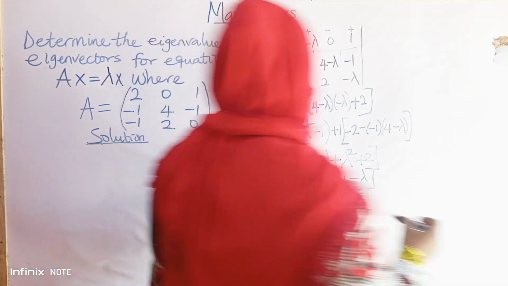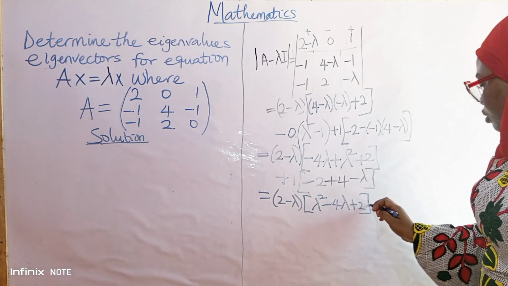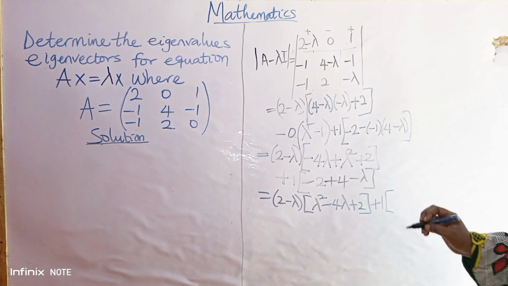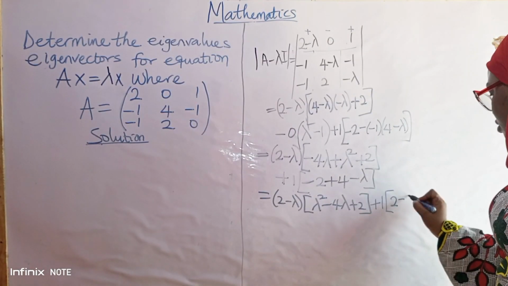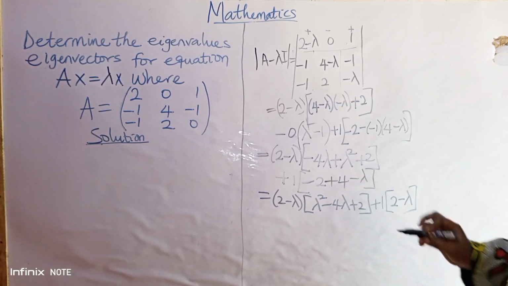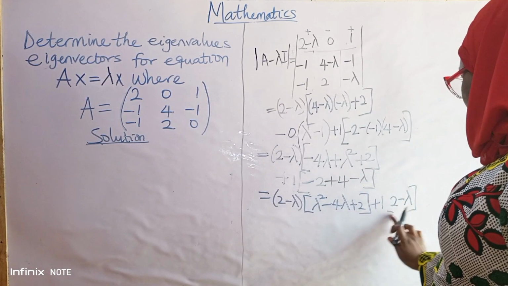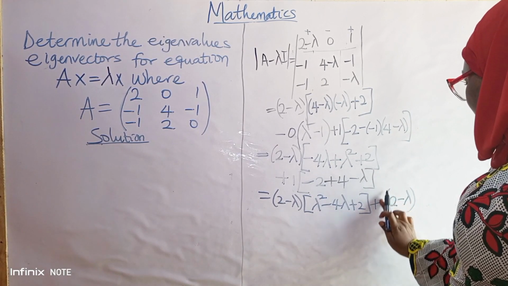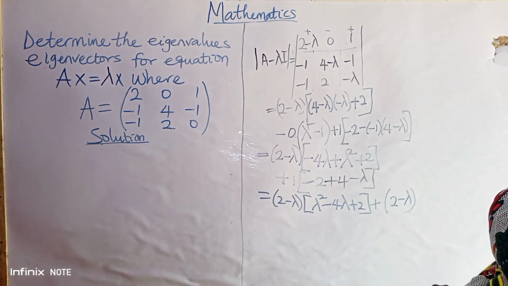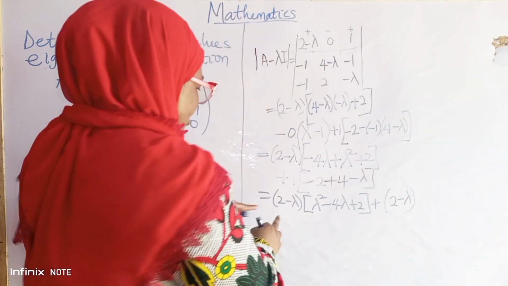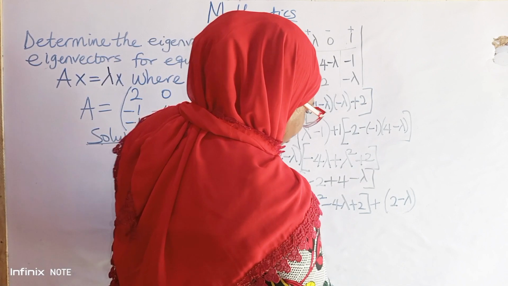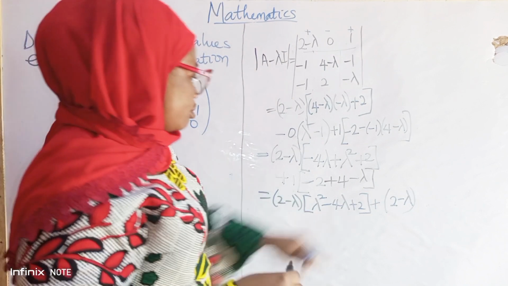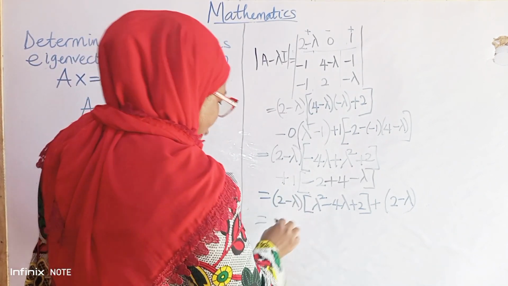Let's simplify this one. We have plus 1 into brackets: minus 2 plus 4 is 2, then minus lambda. So if we multiply by 1, we have 2 minus lambda. You can see that 2 minus lambda is in the first expression and also in the second expression, so we can factorize 2 minus lambda out.